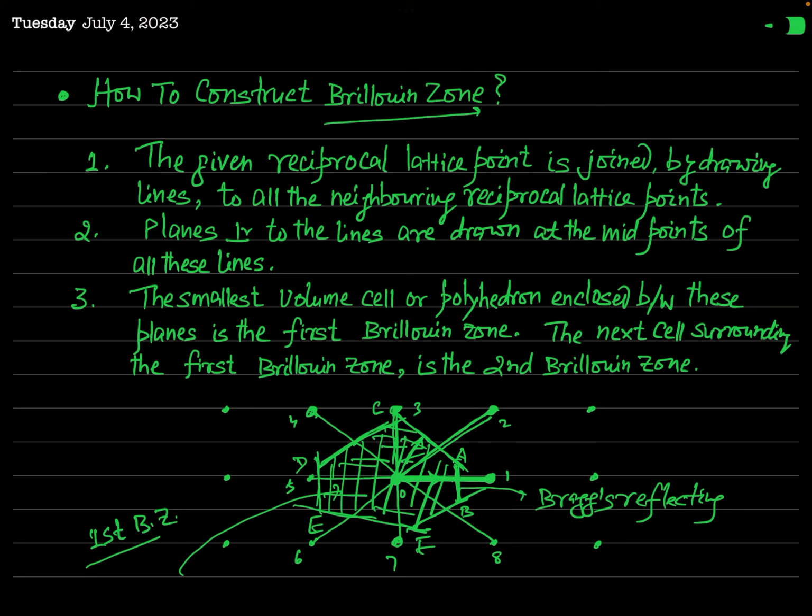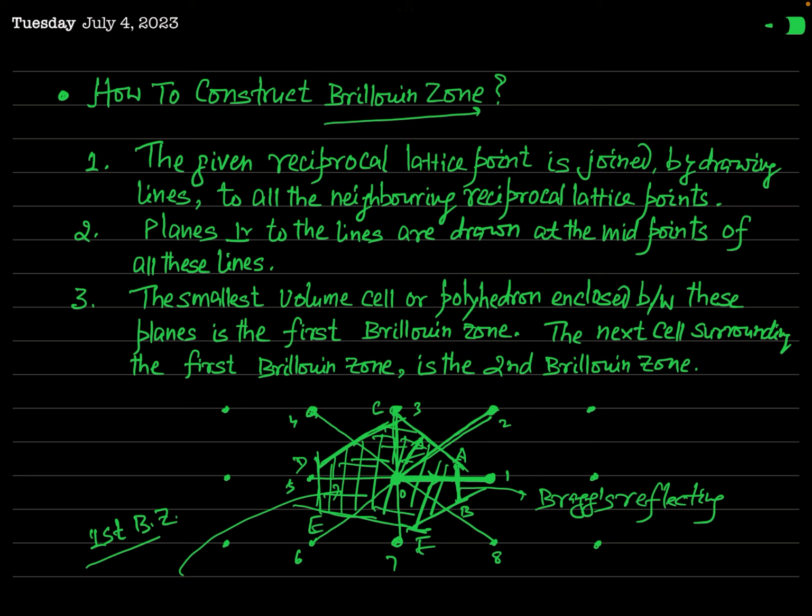And the region bounded by these Bragg reflecting planes is called the first Brillouin zone. And if any wave vector does not suffer reflection from these planes, it means that such a wave vector does not suffer Bragg reflection. Okay, so I think you have understood what this Brillouin zone is.